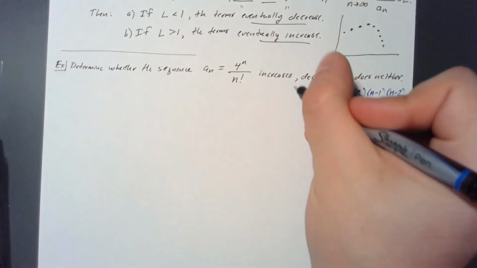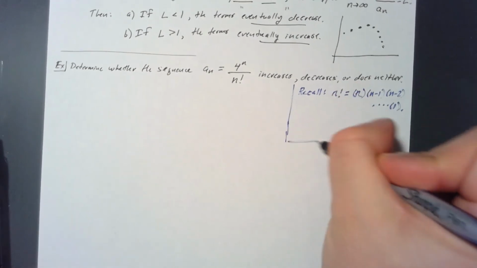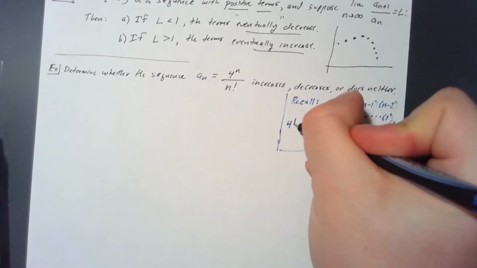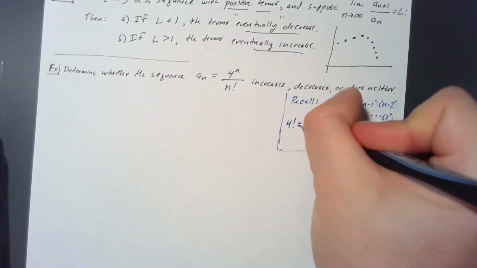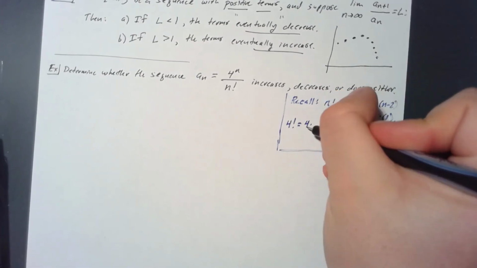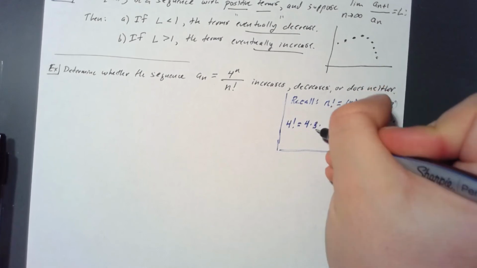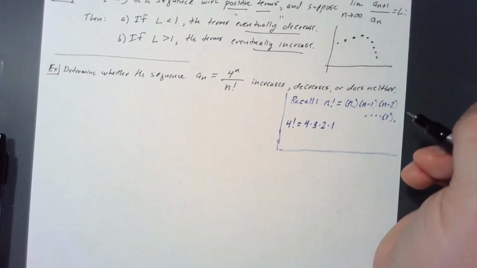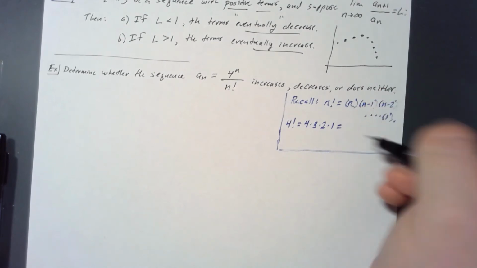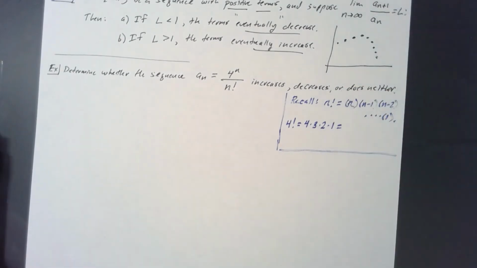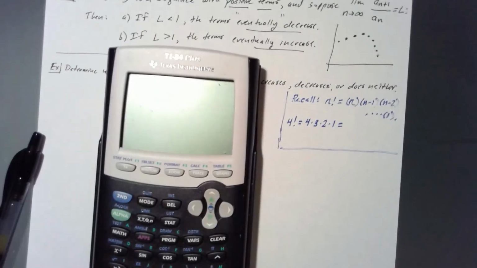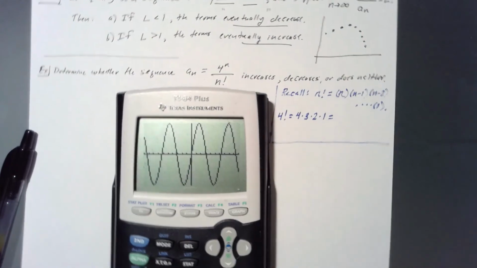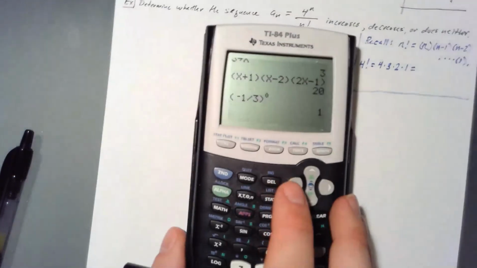You might have forgotten what factorial represents, but for example, what's 4 factorial? Well, that's 4 times 1 less than 4 is 3, times 1 less than 3 is 2, times 1, all the way down to 1. So 4 times 3 times 2 times 1. You could just type that in your calculator.